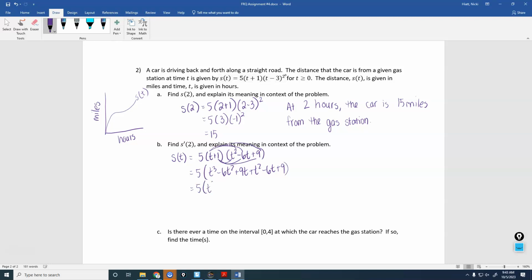And so that is t cubed minus 5t squared plus 3t plus 9, which will be 5t cubed minus 25t squared plus 15t plus 45. So this is still S of t. I have not taken a derivative yet. Oh, yes, 45. Thank you.